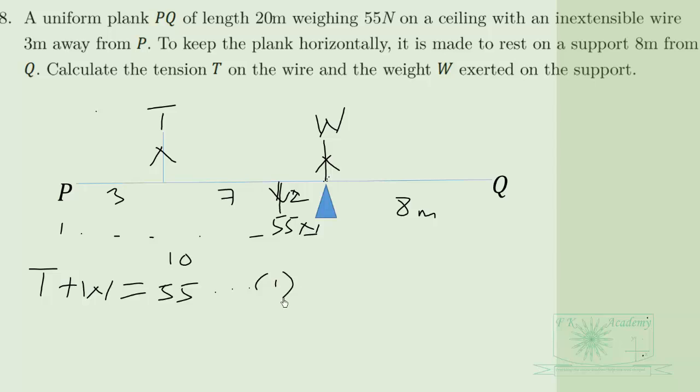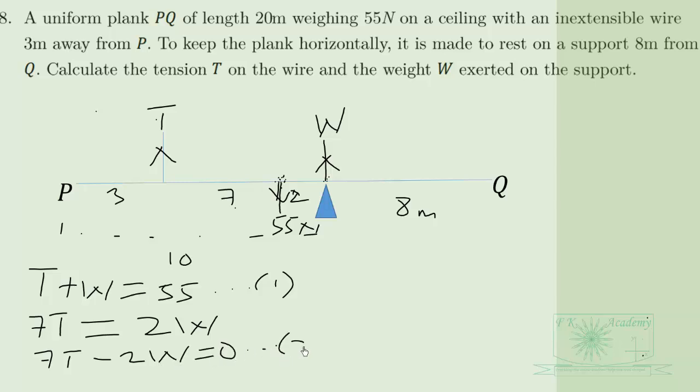Then again, we know that the clockwise moment about the point of the 55 newton, which is 7 times T, the tension in the wire, should be equal to the anti-clockwise moment about the same point, which is 2 times W. So we have two equations here, or 7T minus 2W is equal to 0. So let me call this equation 2.